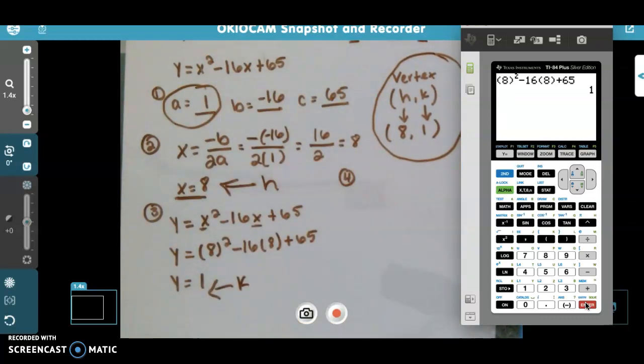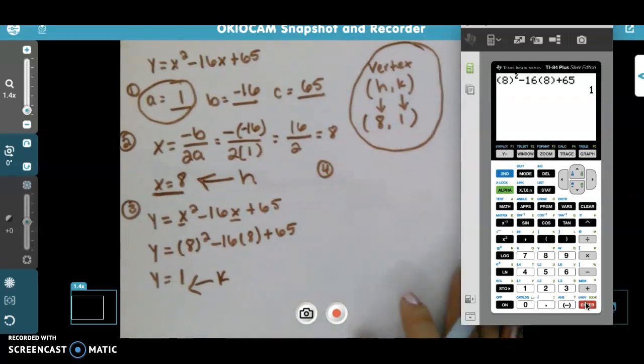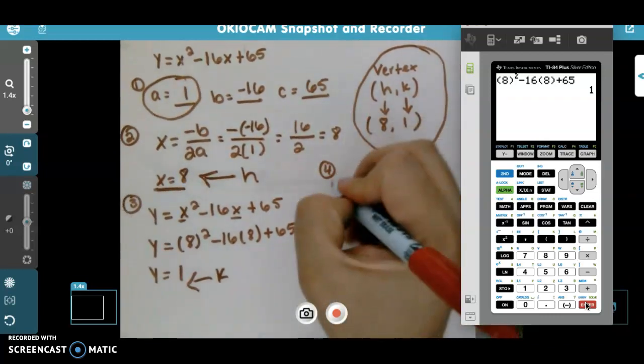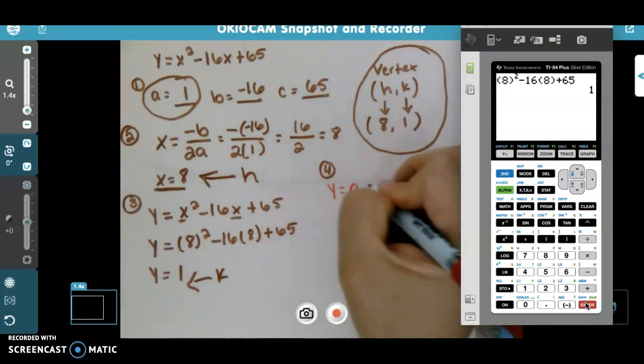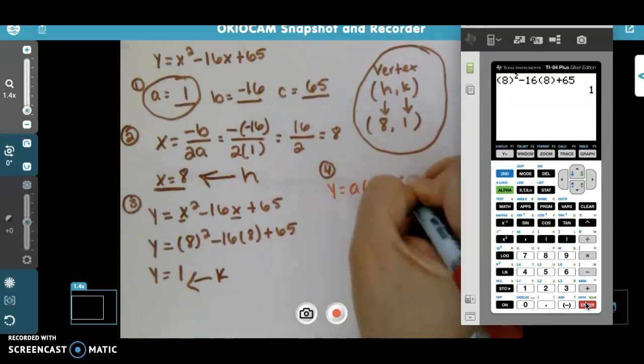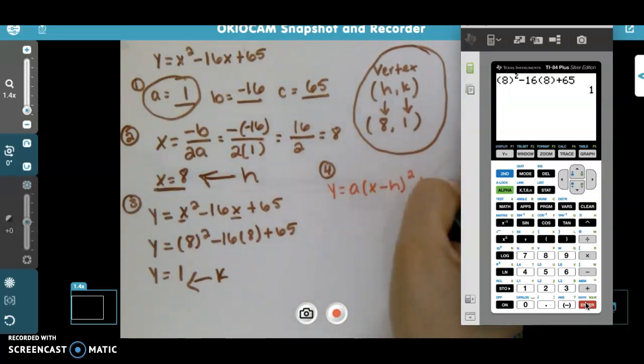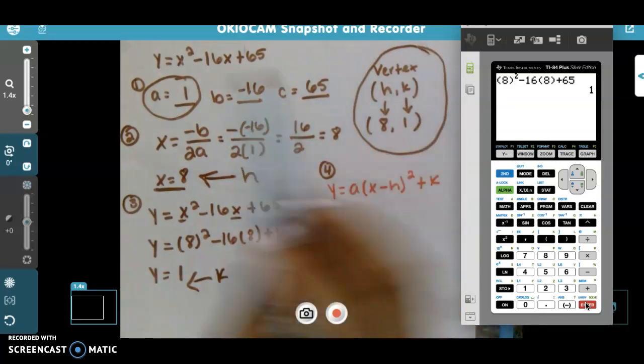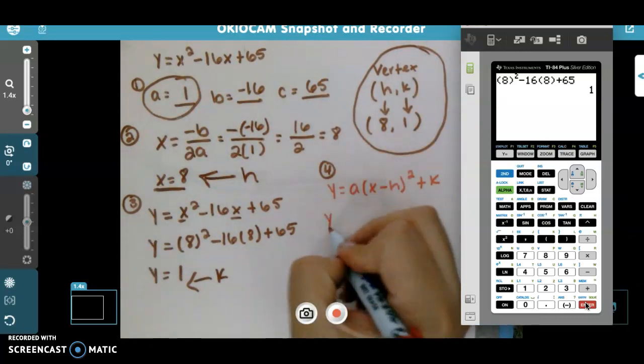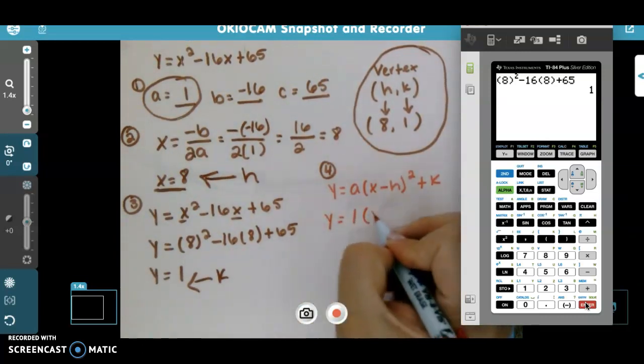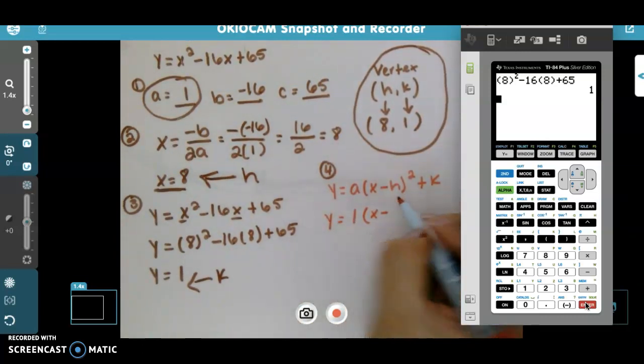I'm going to go ahead and use a different marker so you can see. Okay, so our vertex form, let me rewrite this again. y equals a parentheses x minus h to the power of 2 plus k. So now let's substitute. So our a coefficient is 1. y equals 1, parentheses, x minus, what's my h value?